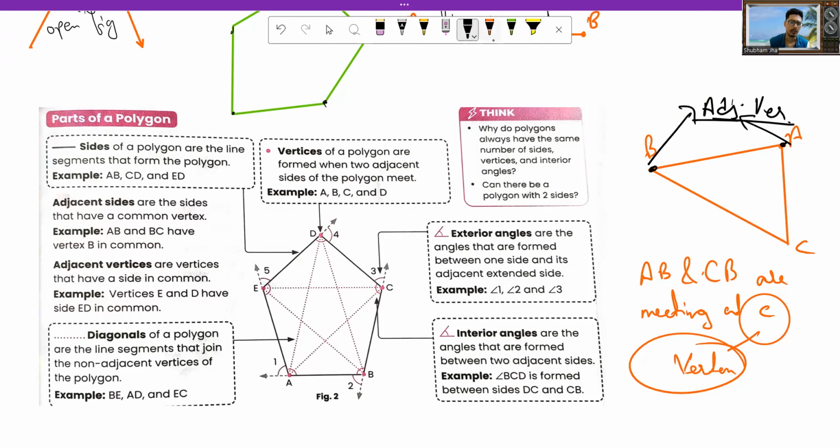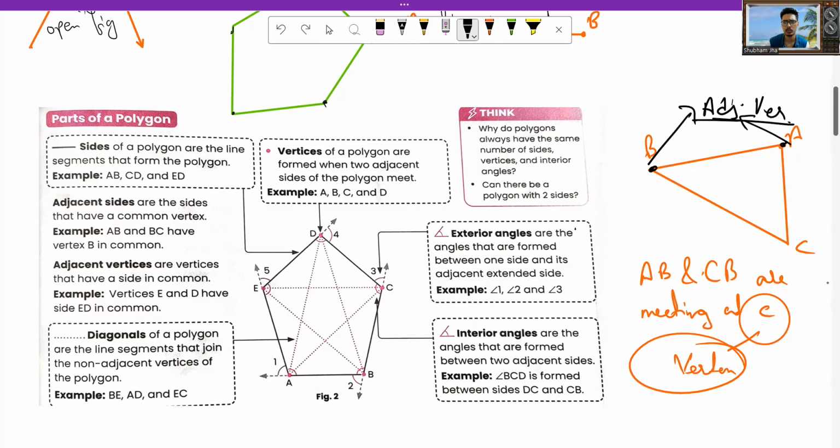So this and this will be called adjacent vertices. Okay. Now let's talk about what a side is. From here you can understand, the sides of a polygon are the line segments that form the polygon. This is one of the definitions that you can get.